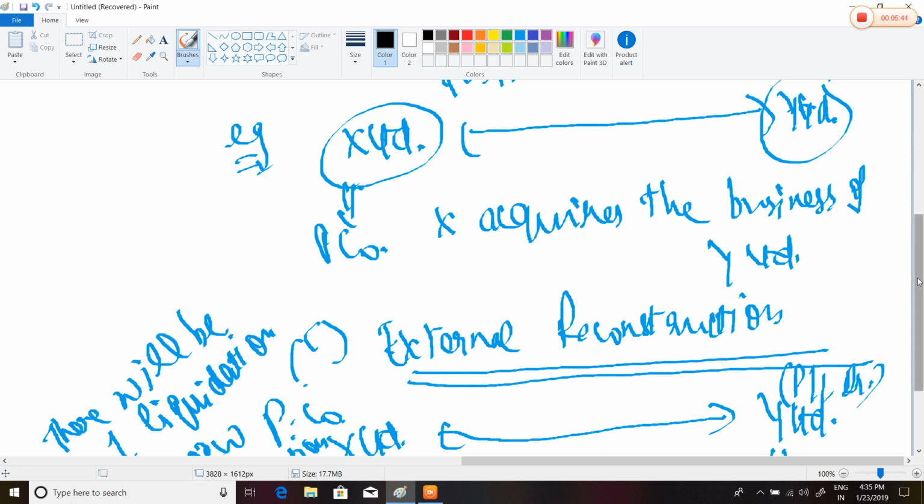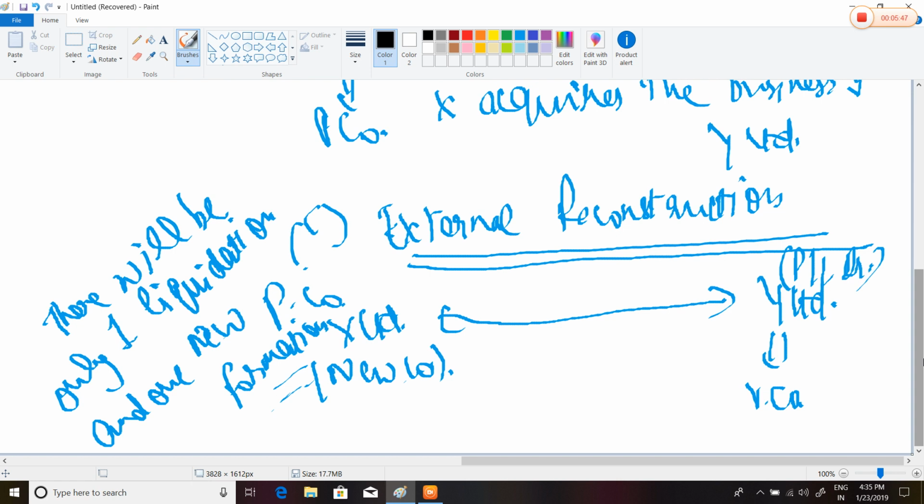Third, external reconstruction. What is that? It means there will be only one liquidation and no new formation.